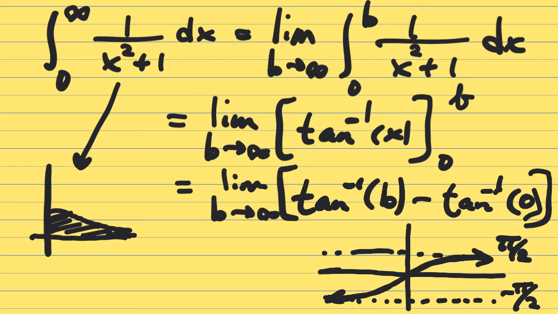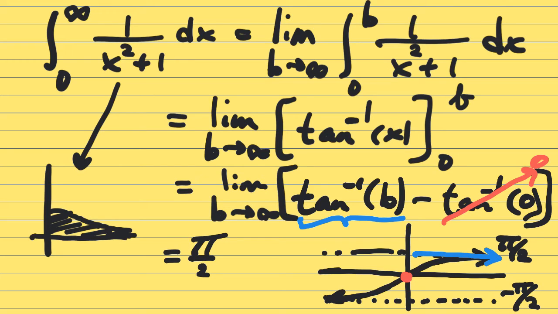The farther out to the right you go on that inverse graph, you approach pi over 2. Right dead in the middle where 0 is, that's also 0. So tan inverse of 0 is 0, but tan inverse way out here at positive infinity approaches pi over 2.